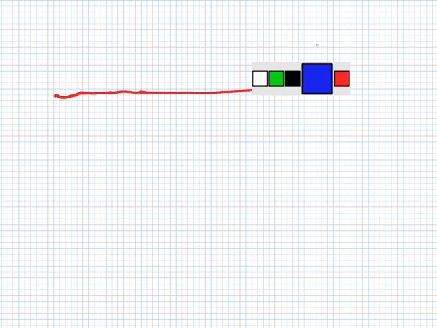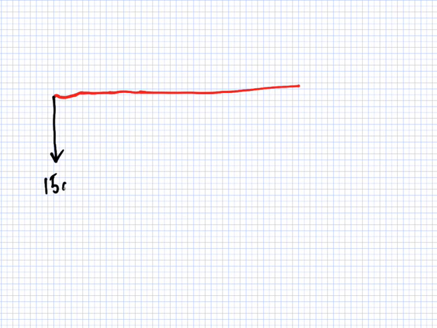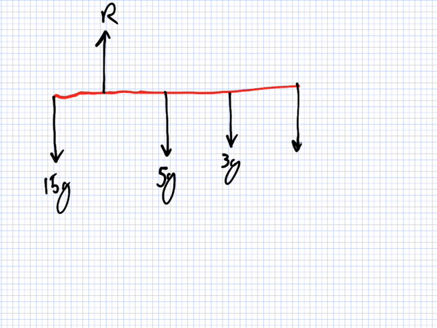I'll draw what we have. So it looks like we have this, and then we have a force here of 15G, and then a force here of R. Then here 5G, and then here 3G, and then here 2G.